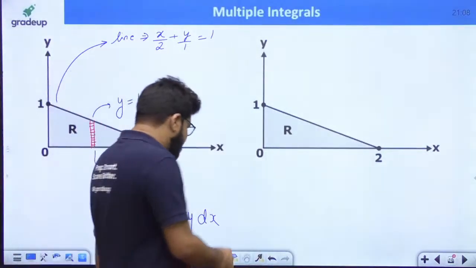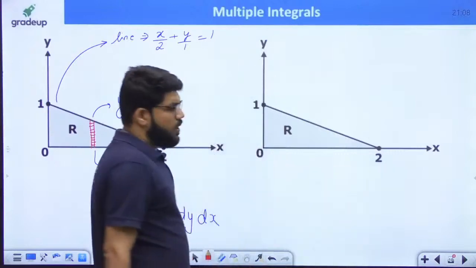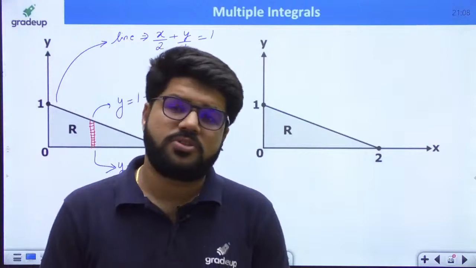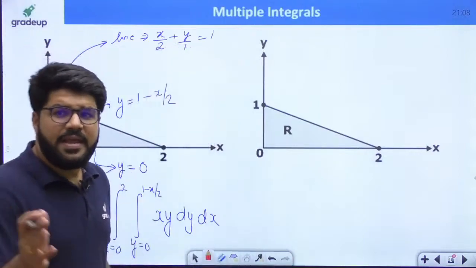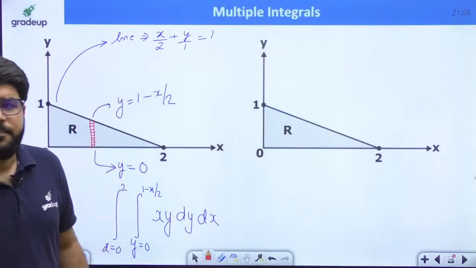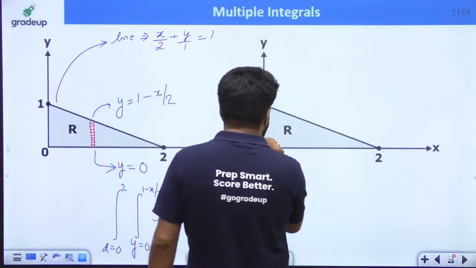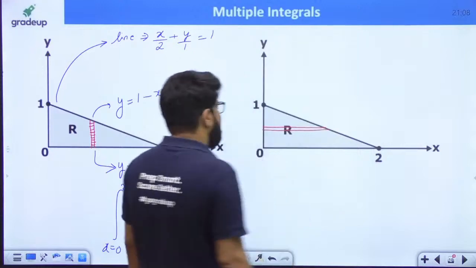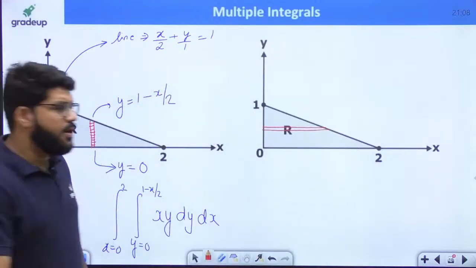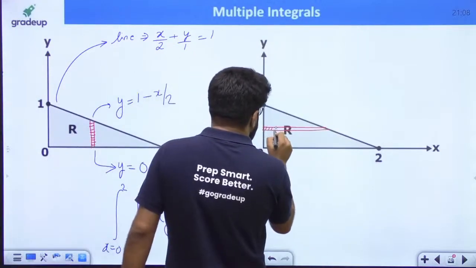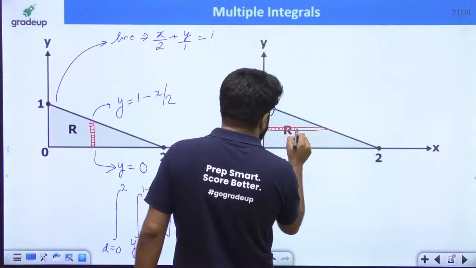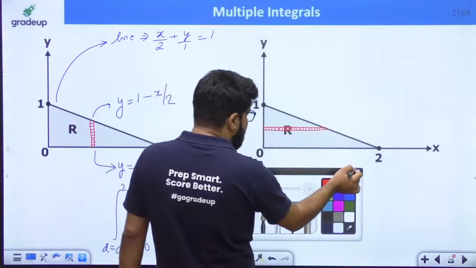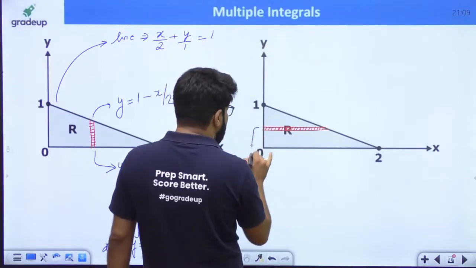But on the contrary, there is also one more way. It's nothing like you always have to take a vertical strip. You can take a horizontal strip as well. If I take a horizontal strip here, guys, again a strip of very small, negligible width, and because it is horizontal, I will write down the limits of x.